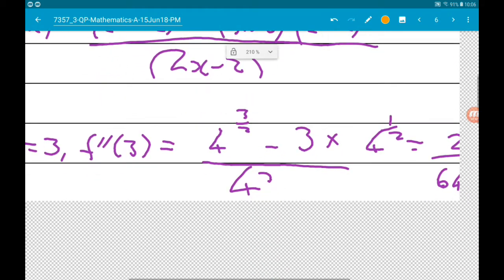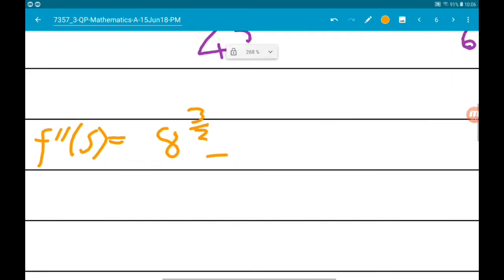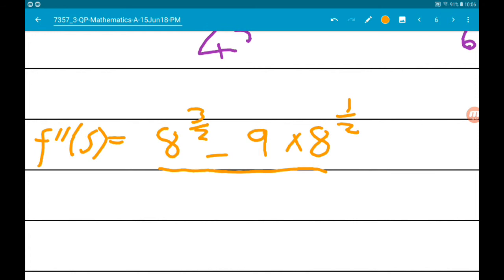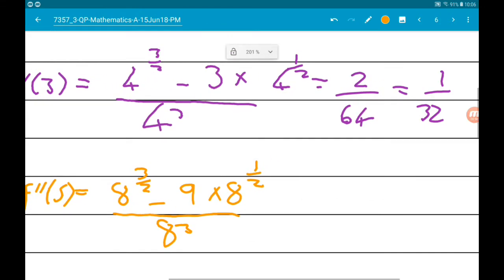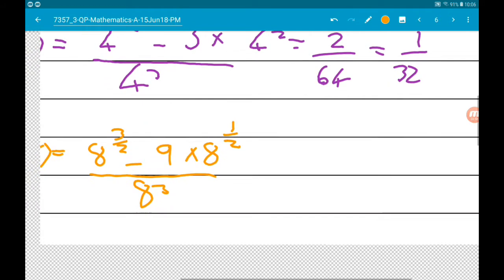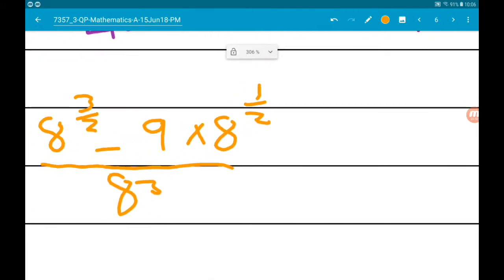So we get minus 9 times 8 to the 1 half all over 8 cubed. Now, if you put that into your calculator, you will get an answer that is less than 0.